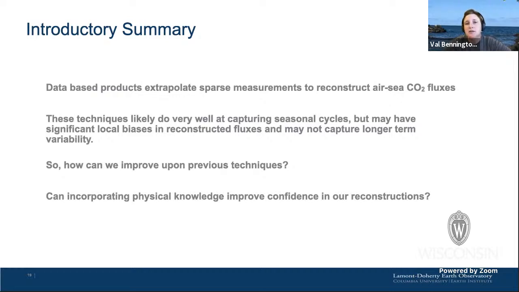Okay. So I looked a little bit at that, and there was a greater bias earlier on in the period when there are fewer samples, because the machine learning techniques don't have enough samples to say, when atmospheric CO2 was this low, how did the ocean respond? So it's less constrained, I would say, at that time.